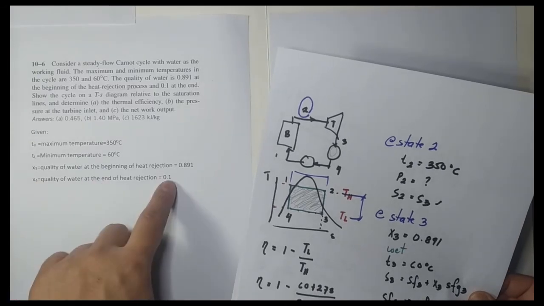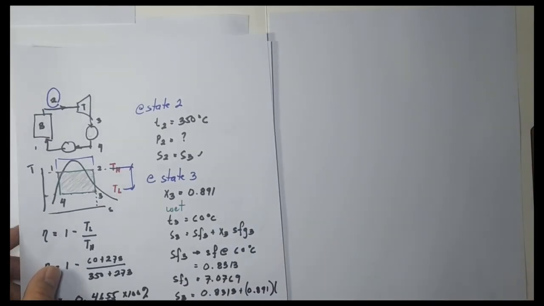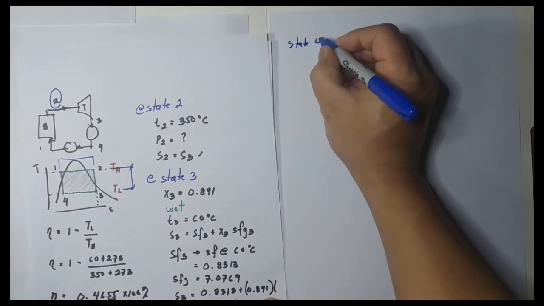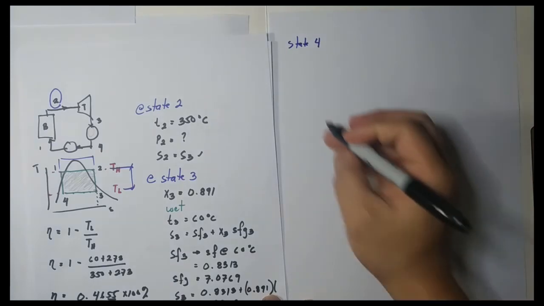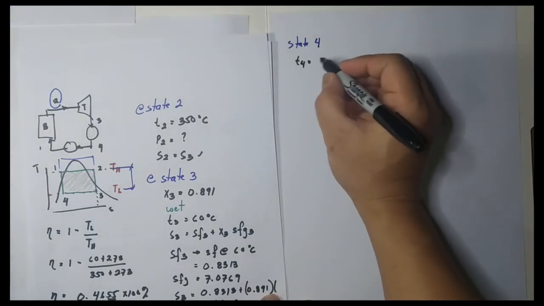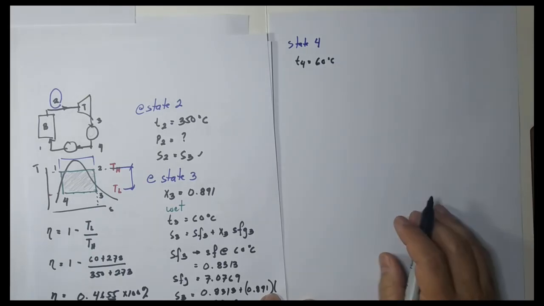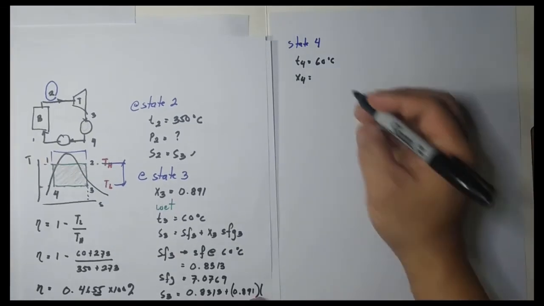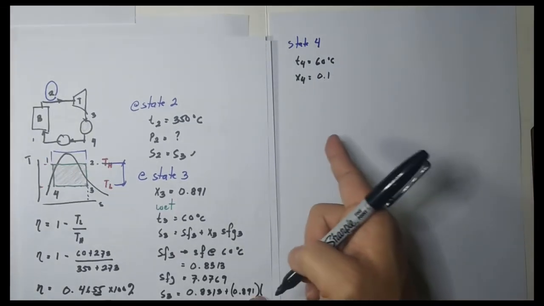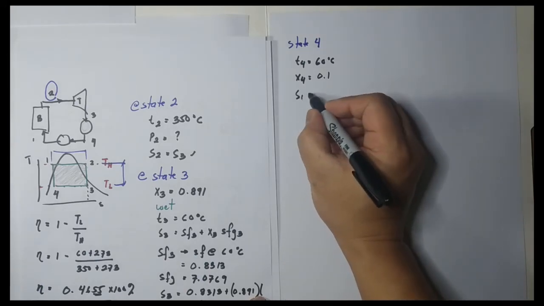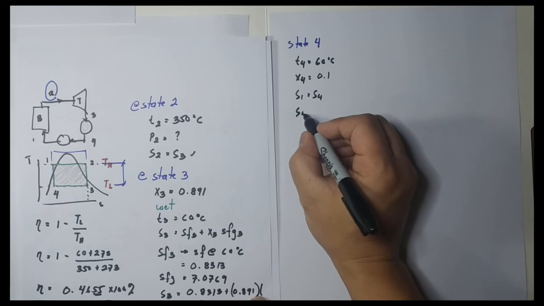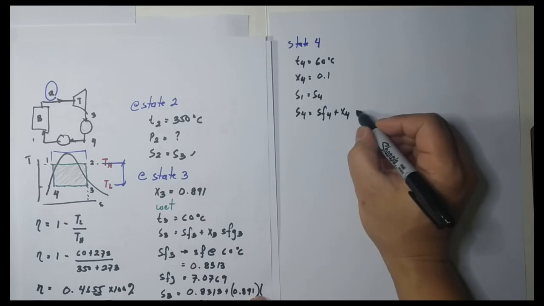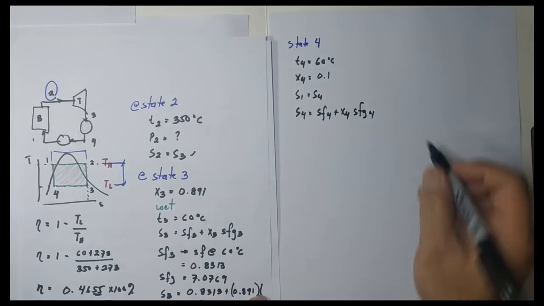Qualitative steam, that is 0.1. So, mas magandang mag-solve ako sa state 4. Sa state 4, ang kanyang T4 ay 60 degrees Celsius. Ang kanyang X4 ay 0.1. Ngayon, hinahanap ko yung S1. At alam natin, S1 equals S4. So, hanapin ko yung S4. Ang S4 ay SF at 4 plus X4 SFG at 4.